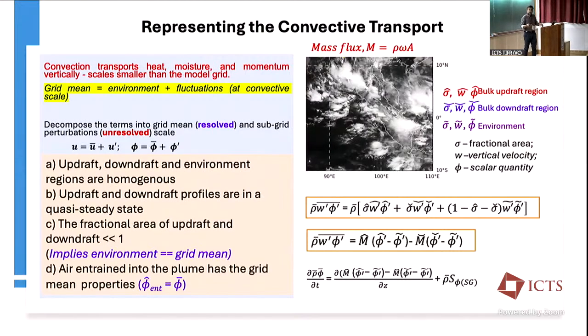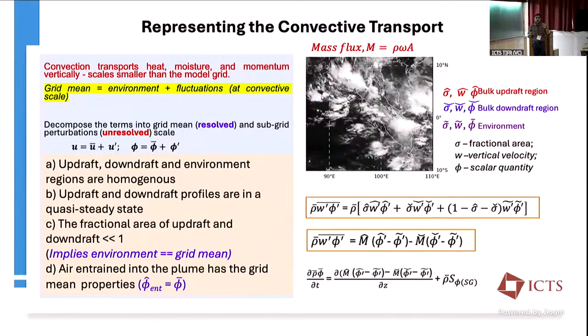The basic assumptions are very important assumptions that the mass flux scheme takes into consideration. If you look at A, I have written bullet points. The updraft, downdraft, and the environment regions are homogeneous, which is obvious. We have to consider them as homogeneous regions, otherwise it will contaminate the updraft and downdraft. The other one is that the updraft and downdraft profiles are quasi-steady state. And then the fractional area of updraft and downdraft should be much less than one. When I say much less than one, I mean relative to the grid box area.